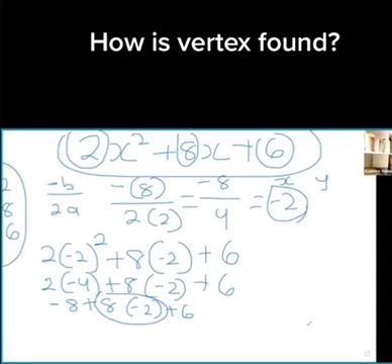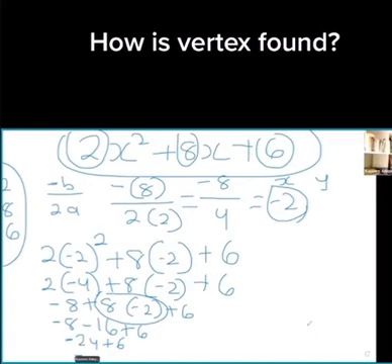So we're going to do 8, and then negative 16 plus 6. Now what we do next is 8 minus 16, which is negative 8. So we're going to do negative 8 plus 6. Negative 8 plus 6 is going to be negative 2.